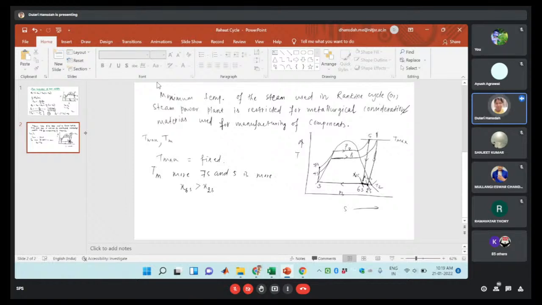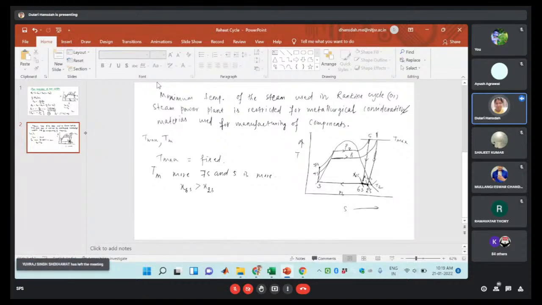So that's why there is some limitation, and the mean temperature of heat addition is also restricted. For consideration of erosion of the turbine blades, larger stages of turbine are mostly considered.